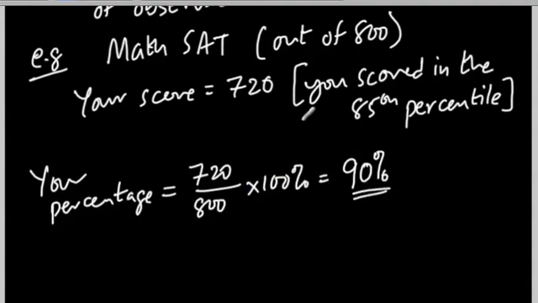So on the SAT, you scored 90% of the questions right, and what they told you is that you scored in the 85th percentile. So it's kind of conflicting. How can your percentage score be 90%, yet you scored in the 85th percentile? How do these match?